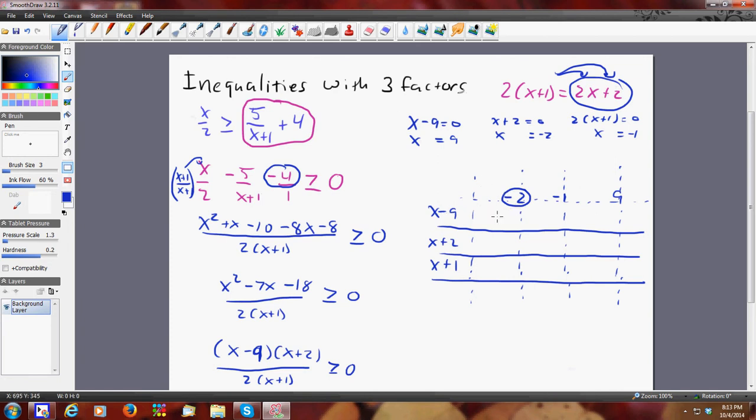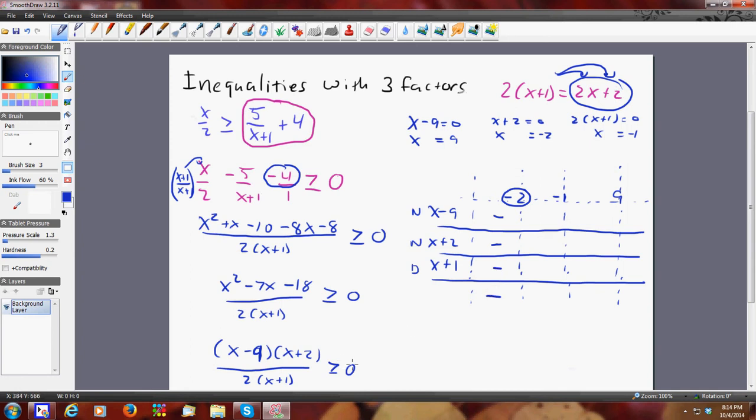Well, negative 5 and negative 9 is going to be a negative value. Negative 5 and positive 2 will be a negative value. And negative 5 and a positive 1 will be a negative value. Well, this is really in my numerator. And this is really in my numerator. This is really in my denominator. So I have a negative times a negative in my numerator, which is positive, divided by a negative in my denominator.